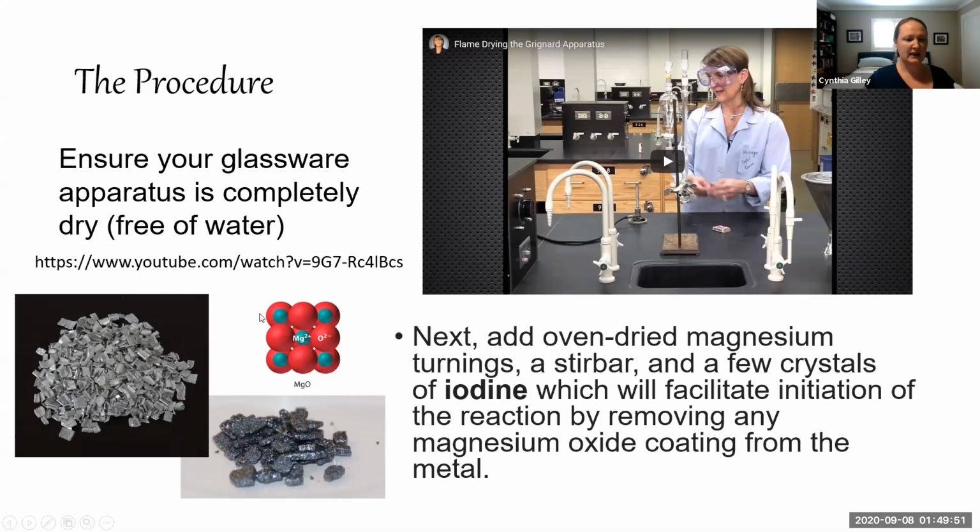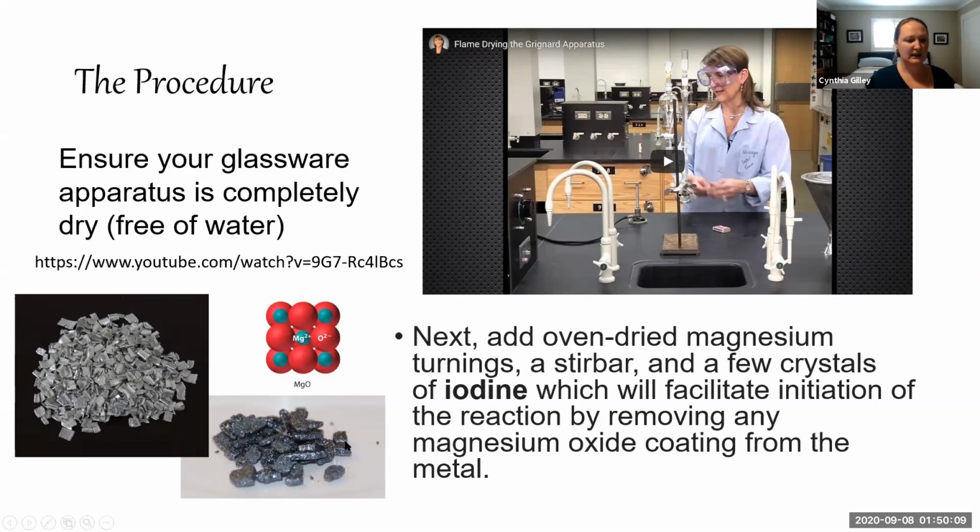Magnesium oxide has formed from the reaction of magnesium with oxygen in the air, and that's essentially on the outside of all of the turnings. We don't want magnesium oxide for the reaction, we want the magnesium metal. So breaking up some of these chunks is helpful.